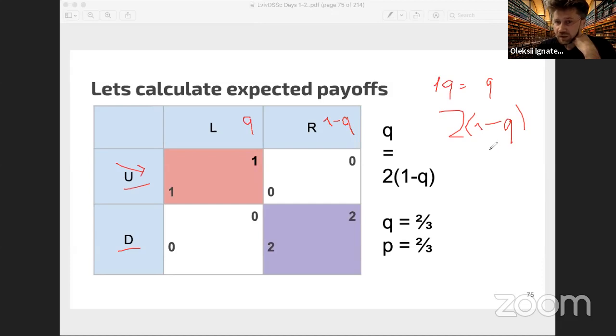Suppose Q equals 1, then strategy U gives a payoff of 1 and strategy D gives a payoff of 0, so it's better to play U. If Q equals 0, then it's better to play D.